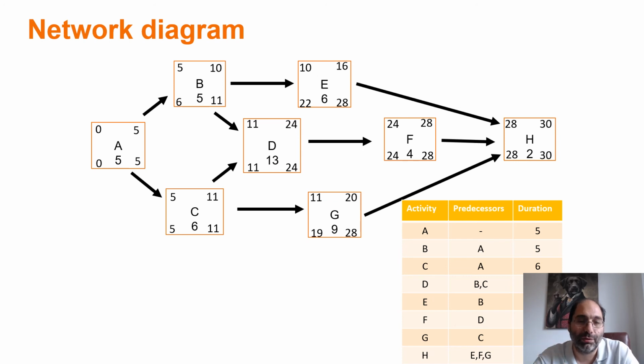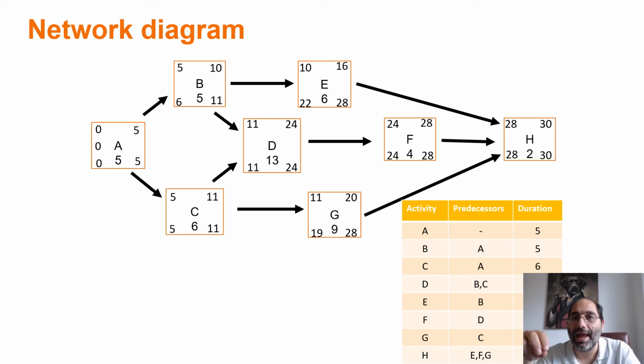There are two ways to do so. You either calculate by saying late start minus early start, or late finish minus early finish. So for activity A, it's going to be 0 minus 0 or 5 minus 5. The result is the same. It's 0. So no slack time for activity A. What does this mean?